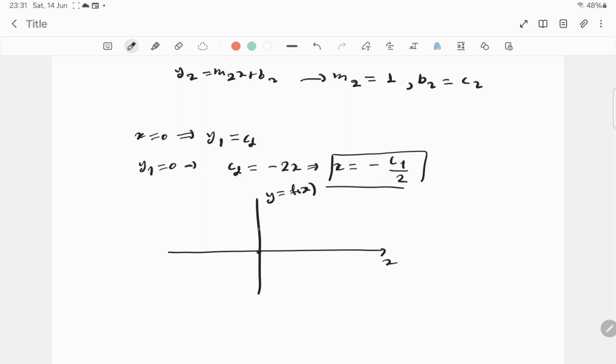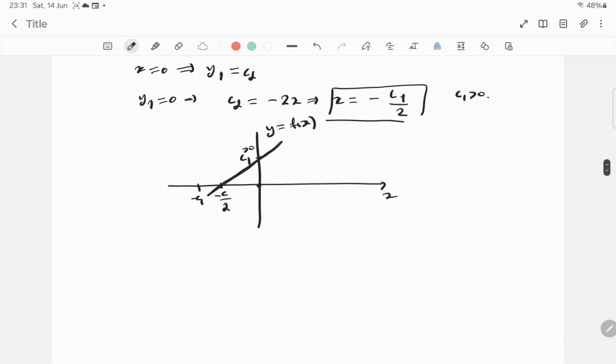For x equal to 0, the y-intercept is c1. Let's say it's positive, and for y1 equal to 0, x equals minus c1 over 2, assuming that c1 is strictly positive, of course. That's one solution. We get a family of solutions.